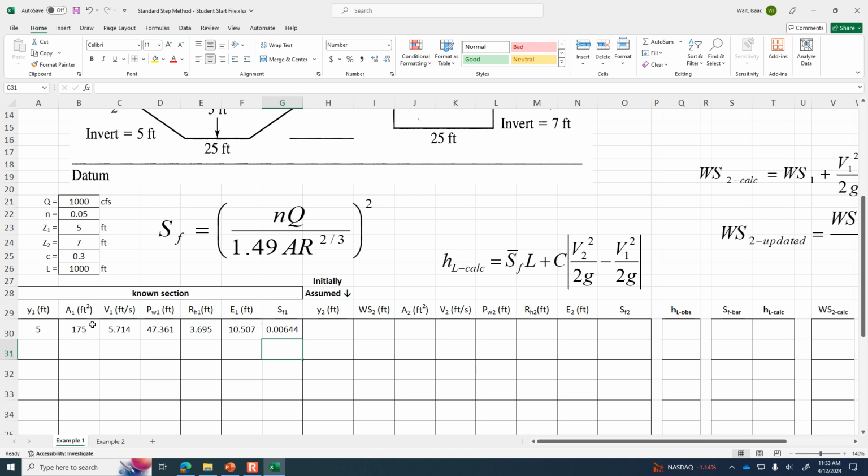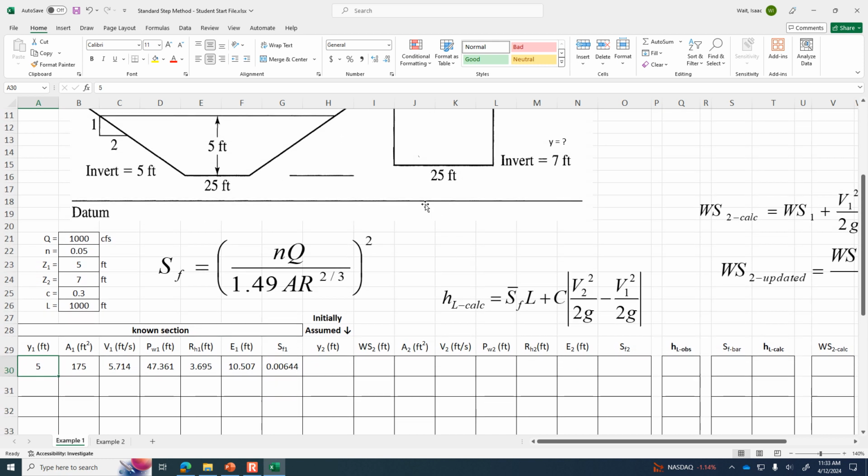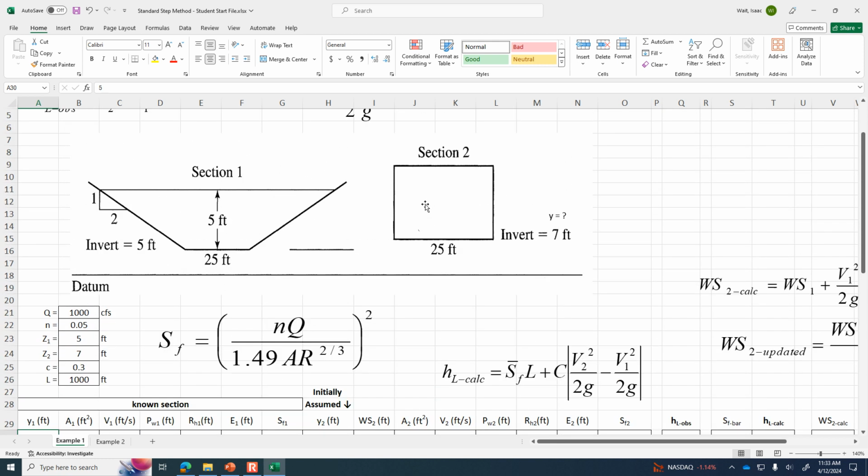We're going to do multiple rows, but at the known section, nothing's going to change. It's always going to be these values. It's just at section 2 where we've got some guesses that are always going to be changing. All right. So what's happening at section 2? We have to start with a guess of how deep the water is. Let's say that it's a little bit deeper than it was at 1. Because, at section 1, there's a lot more flow area due to the sides, right?